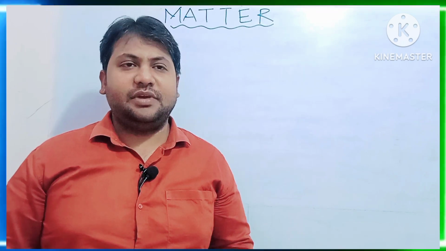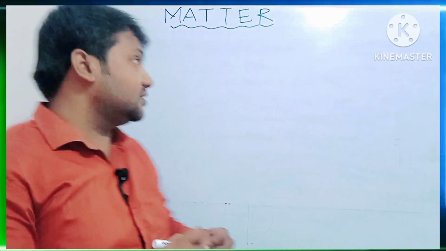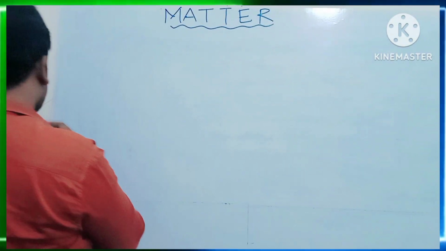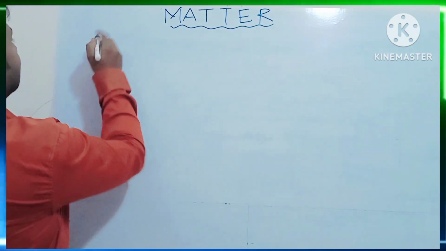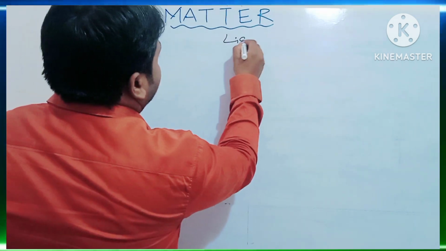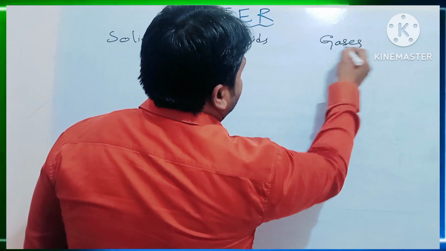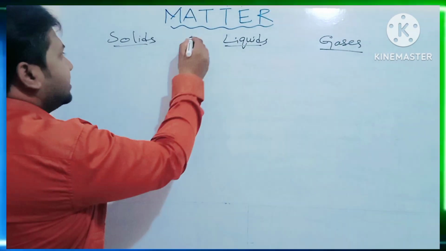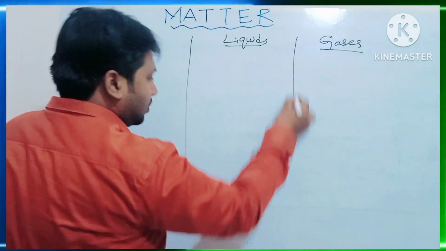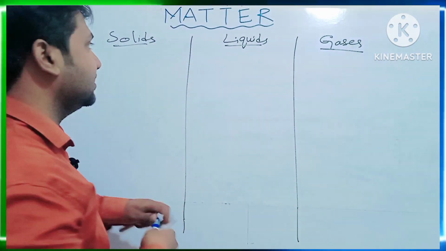Now let me define what are solids, what are liquids and what are gases. Let me write here: first solids, then liquids, and here gases. With the first step itself, you will come to know the solids, liquids and gases.